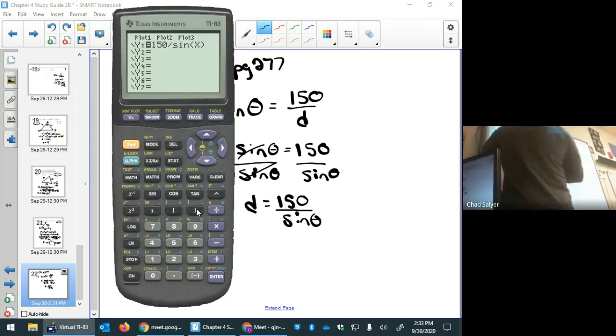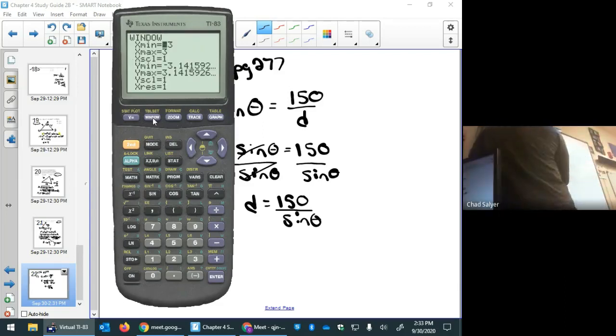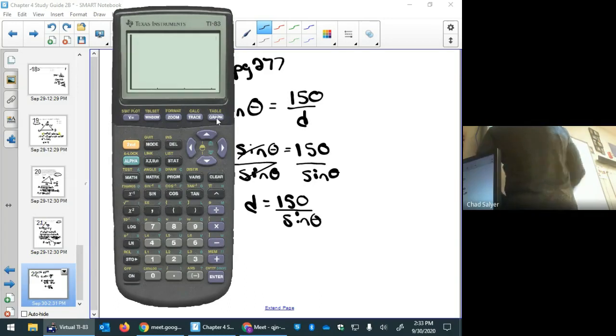So we want to go from, it says 0 to pi. So 0 for the X min, pi for the X max. And we'll go just -1 or something to 150 is the max distance, I believe. Let's graph and see what that looks like.